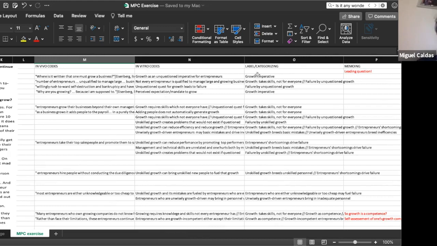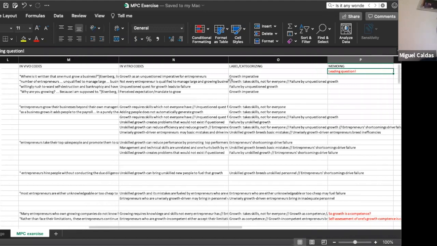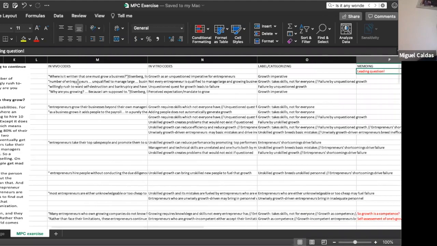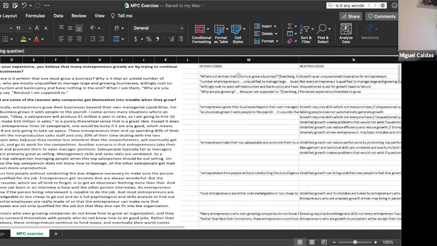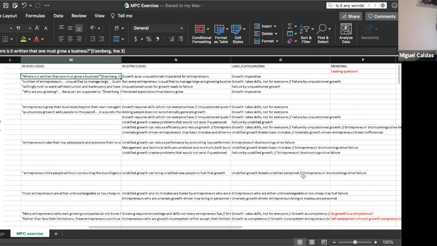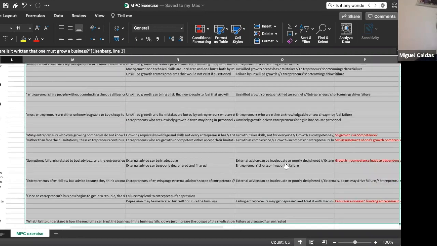Then I did some labeling or categorizing of those, trying to summarize some of these. And then I did some memoing, including things about the questions themselves. Because I didn't want to lose all the lines, I didn't wrap the lines, but I'll do it for you to see it. But did you understand what I did, first of all?